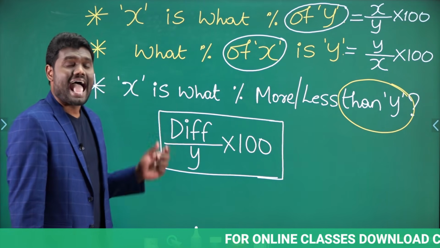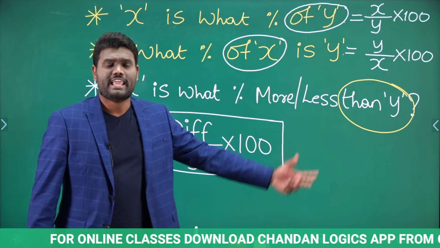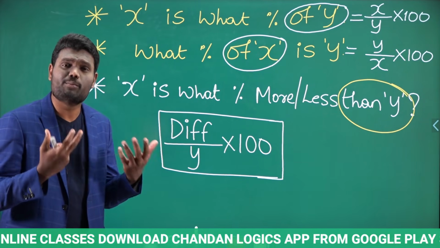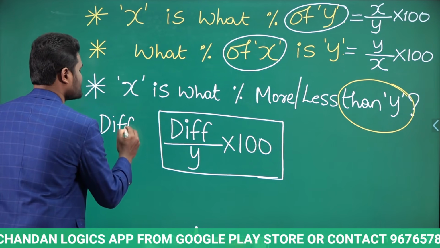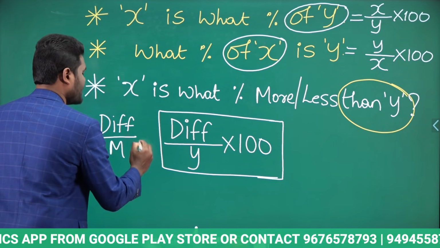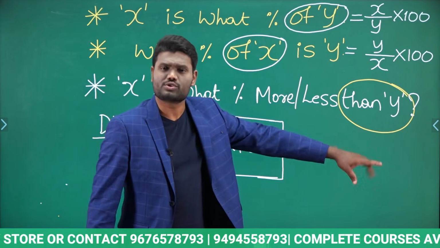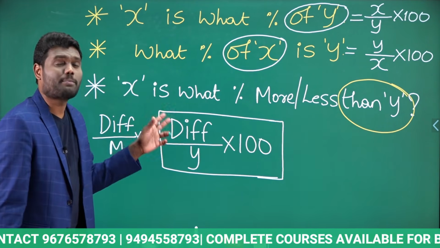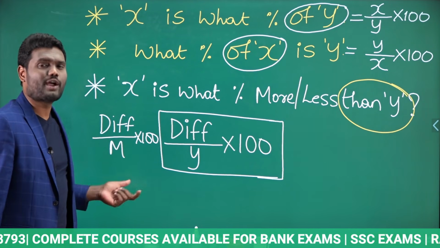If I say apple is what percent more than mango, then it will take difference by mango into 100. Yes or no? Why? Because after "than" I got mango. For this reason, apple is what percent more than mango means difference by mango into 100.